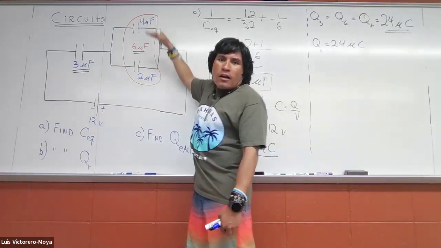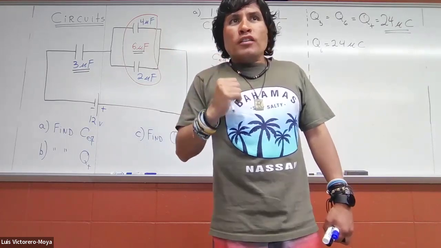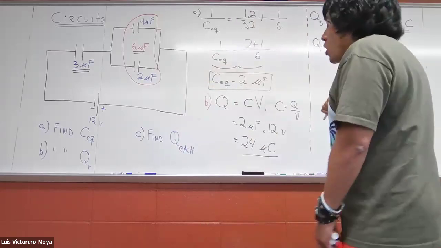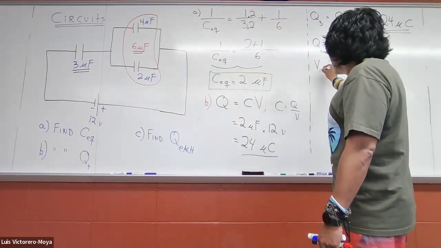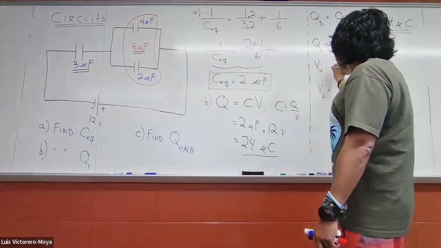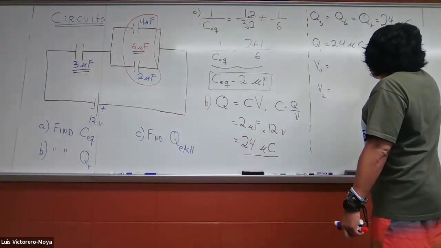2 and 4 are in parallel. In parallel, not the charge, but the voltage is constant. So let's find the voltage on 4 and the voltage on 2, which, by the way, is equal to the voltage on 6.